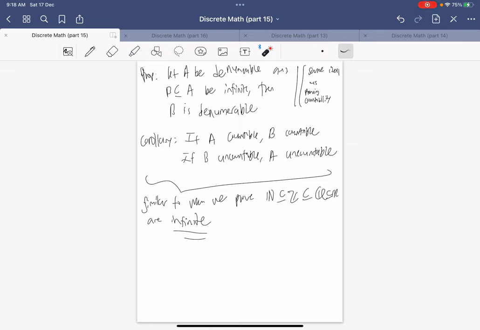The corollary of this is that if A is countable and B is a subset of A, then B will also be countable. And if you take the contrapositive, B is uncountable will just mean A is uncountable. The proof is of course similar to when we proved the criterion for infiniteness, and so I'll leave it to you to try it out for yourself.